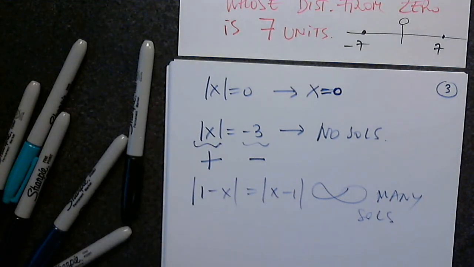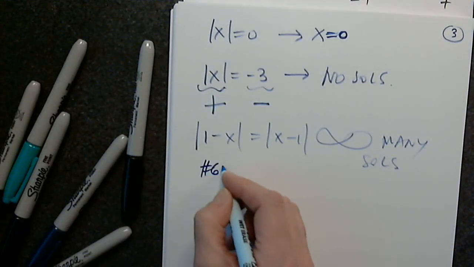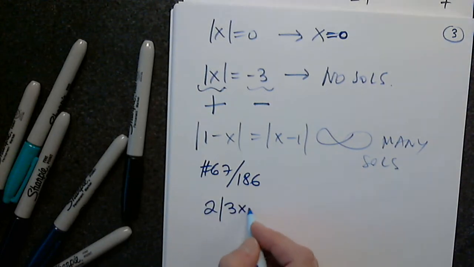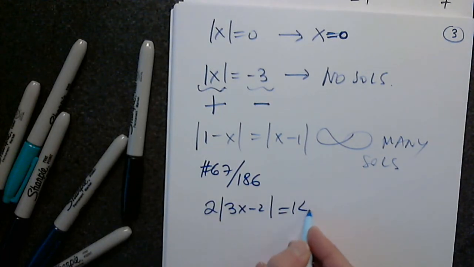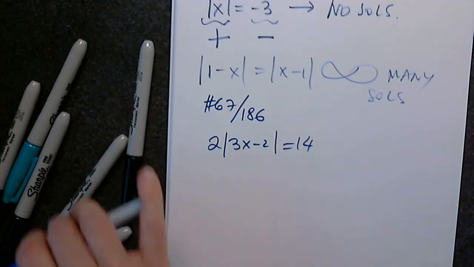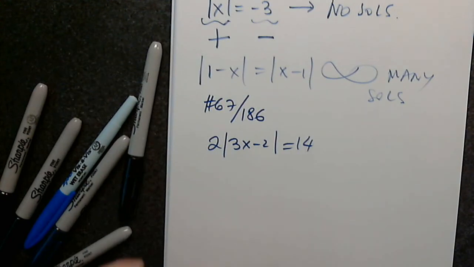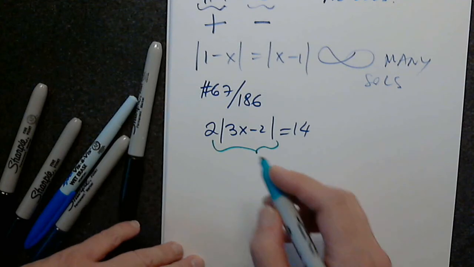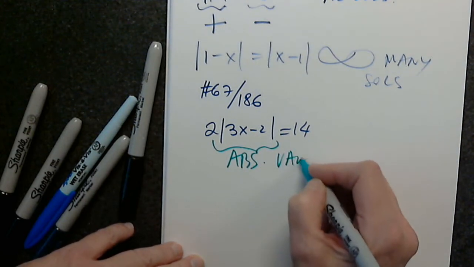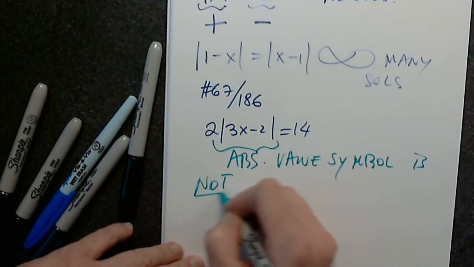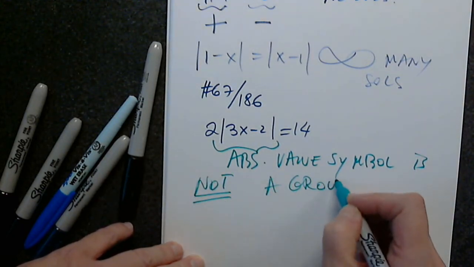Yes. So let's take a look at the following example, number 67 on page 186. And this is 2 times the absolute value of 3x minus 2 equals 14. I specifically chose this equation just to remind you that the absolute value symbol is not a grouping symbol.